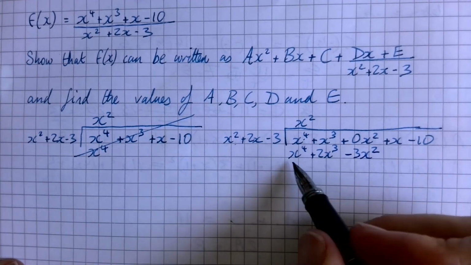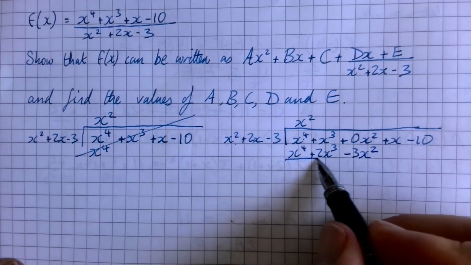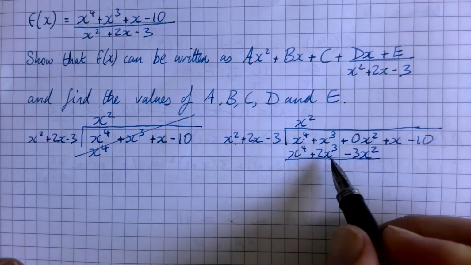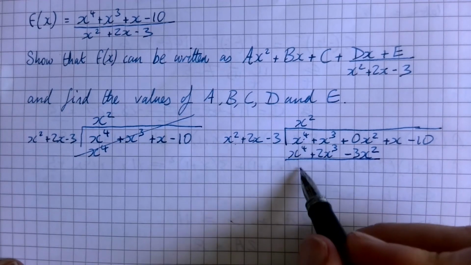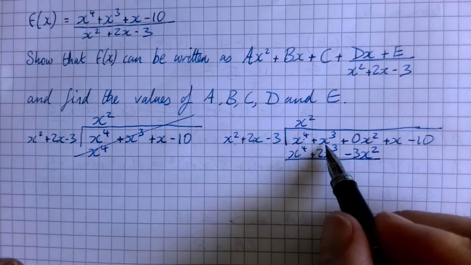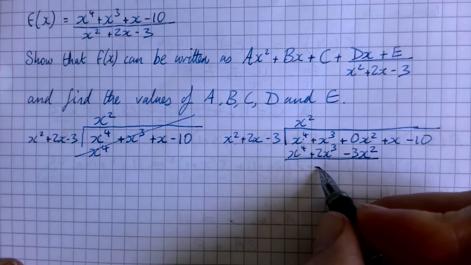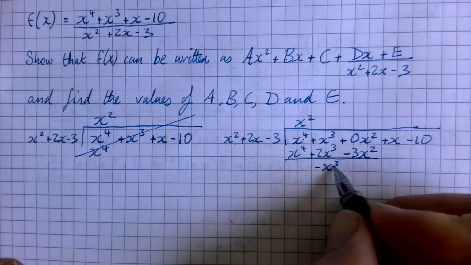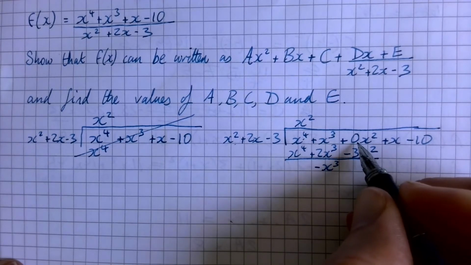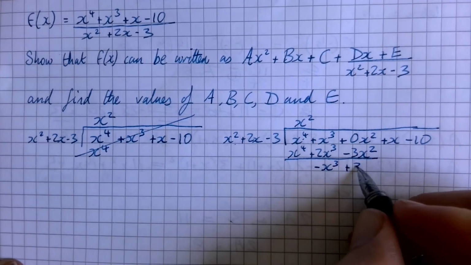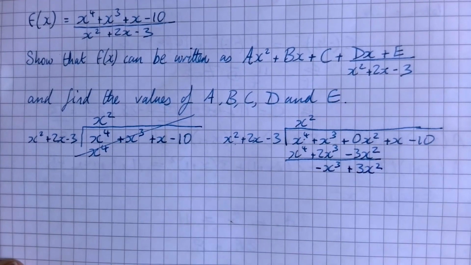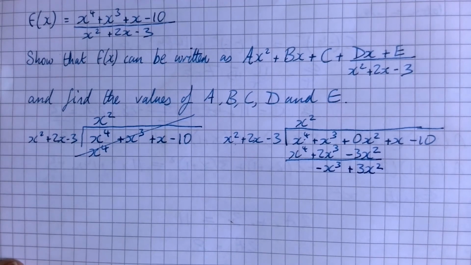So now we're going to take that from that, which is nothing. x cubed take 2x to the power 3 is negative x cubed. Take negative 3 means we're going to add, so that gets us 3x squared.